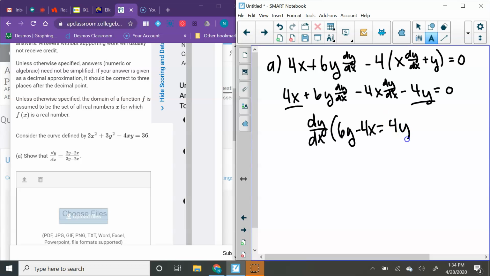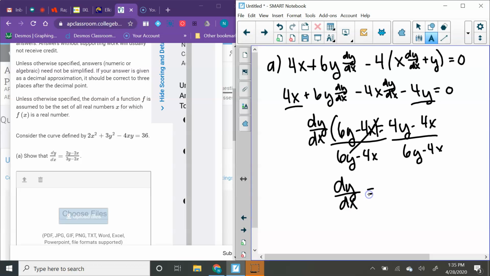It'll become a positive 4y and a negative 4x. And last, we're going to divide by that 6y minus 4x. Well, actually, not quite last, because that gives us 4y minus 4x over 6y minus 4x, which technically is correct.